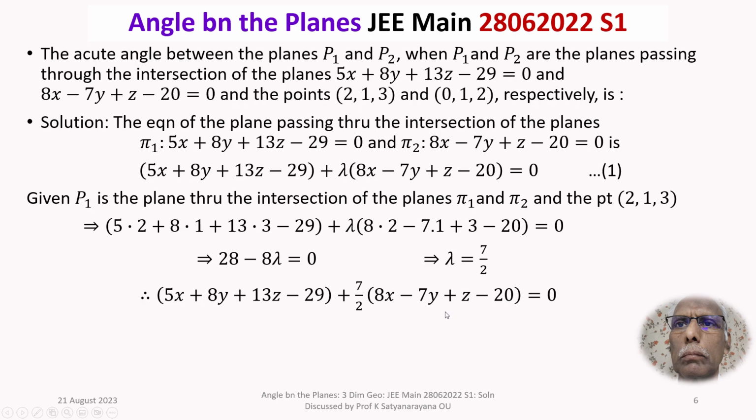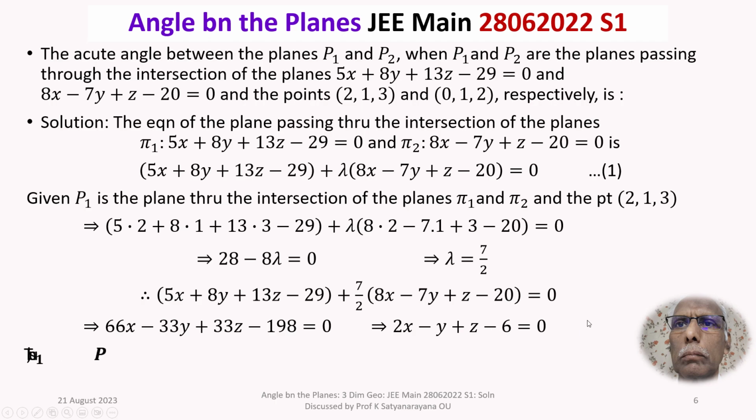Take the LCM and simplify. We get 66x - 33y + 33z - 198 = 0. We observe 33 is common throughout. Therefore, cancelling 33, we get 2x - y + z - 6 = 0.